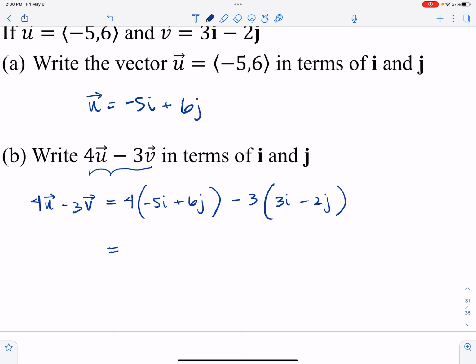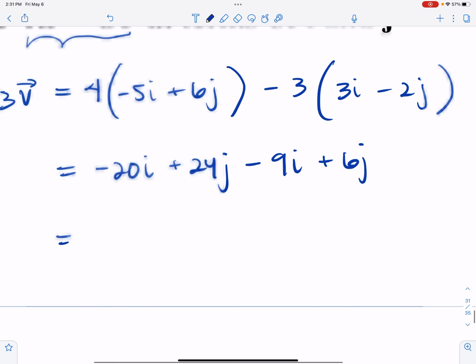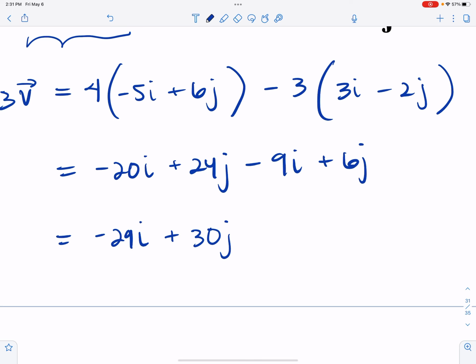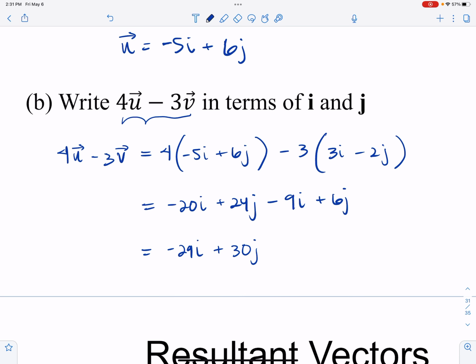So then it's just thinking about distributing the 4 and distributing the 3 and combining like terms. So negative 20i plus 24j minus 9i plus 6j, and then we can just combine like terms. It makes it more algebra friendly. So that would be negative 29i plus 30j. And that would be equal, so in component form, right, it would be negative 29, comma, 30.